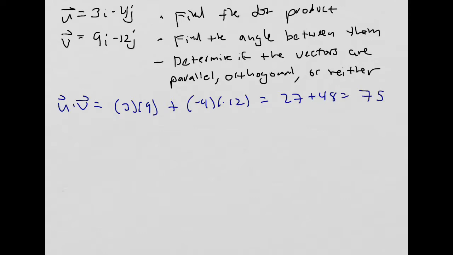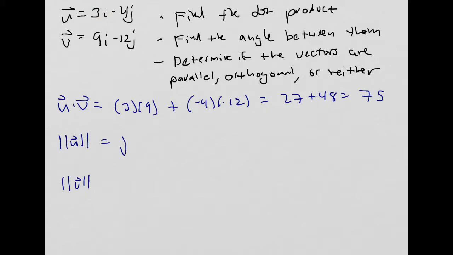So once again, we cannot assume anything from this. Well, obviously the dot product is not 0, so these are not orthogonal vectors, but that means we've got to complete the problem. So we actually have to find the magnitude of u and then find the magnitude of v and plug this back into the formula. So what is the magnitude of u? Well, u is 3i minus 4j.